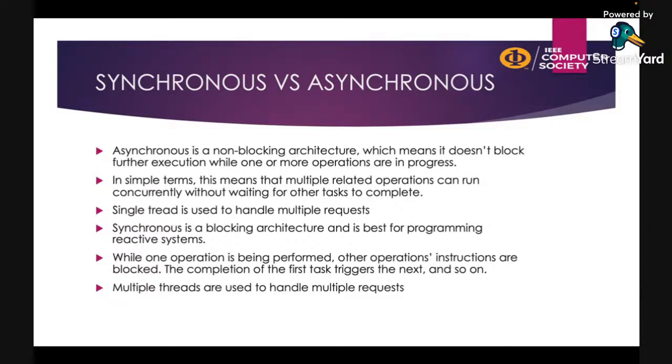Here, in synchronous nature, multiple threads are used to handle multiple requests. Node applications are asynchronous in nature by default. This architecture makes Node ideal for input-output intensive applications. We should not use Node for CPU-intensive applications.